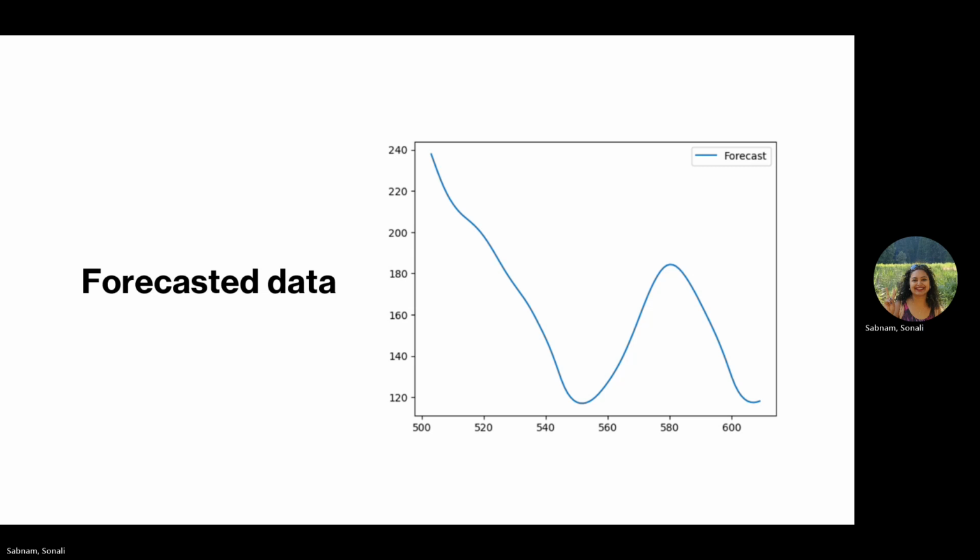Forecasted data. Here, we can see the forecasted data produced by the redesigned neural network. The graph shows the model's ability to predict trends and fluctuations within the dataset. The x-axis represents the sequence of the time steps, while the y-axis indicates the predicted values.